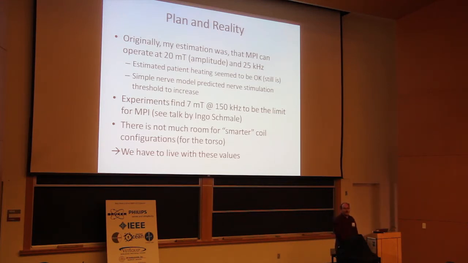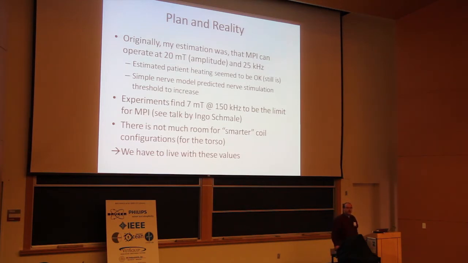We had some reasons why we thought it could work with these parameters, but last year we heard actual PNS studies at 25 kilohertz, and it turned out these parameters are not useful for imaging in humans.